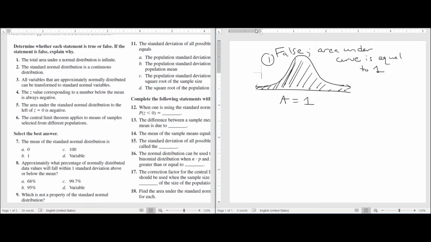All right, so number 3, all variables that are approximately normally distributed can be transformed to standard normal variables. So this is going from the x to the z, and this is true. You can do this because as long as they're approximately normally distributed, then you can convert an x value to a z-score using the z-score formula. All right, so that is a true statement.